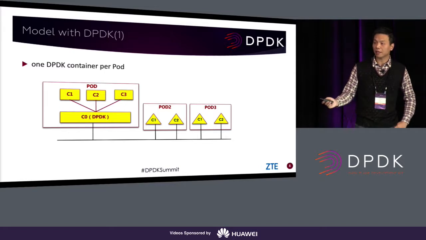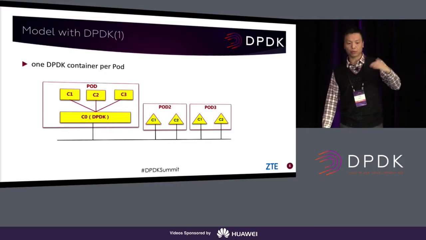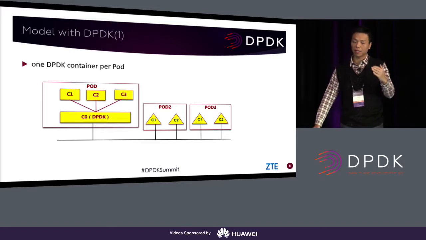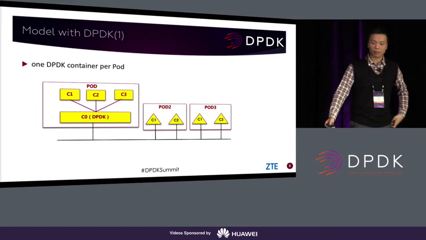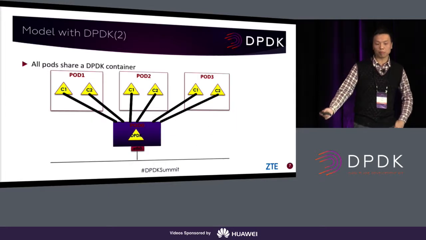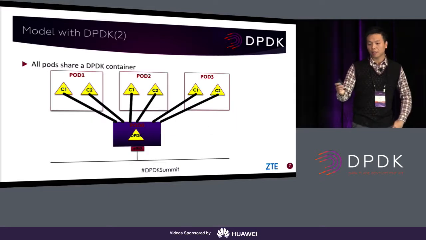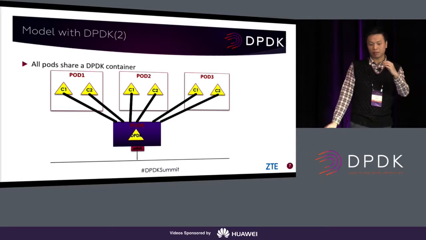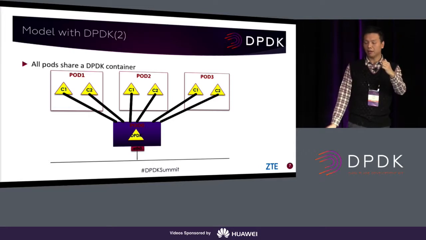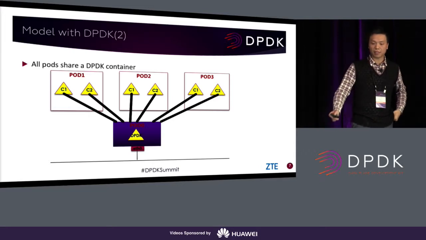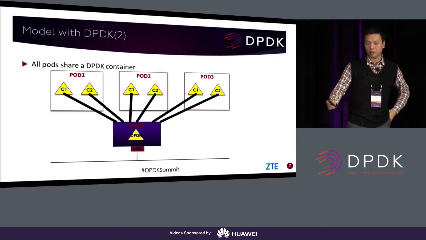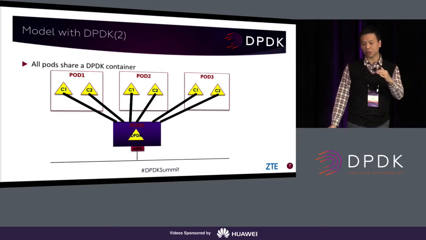That is DPDK. We use it to carry the packet traffic between containers. And this is another model where we use port 0, and it contains the DPDK container that will realize the communication between all the ports and all the containers.